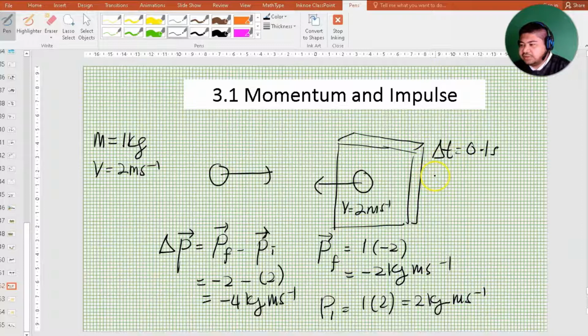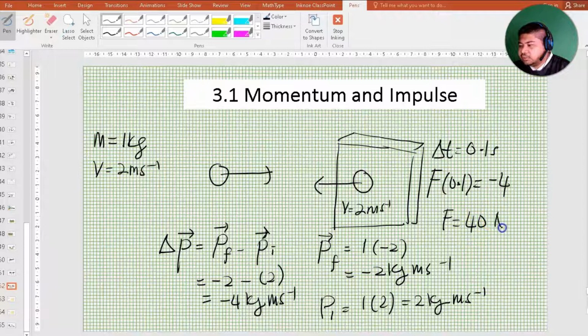So the force that is applied by the wall to the ball, we are using the momentum impulse theorem. Force of the wall on the ball times the impact time, 0.1, equals the change in the momentum, -4. So the force applied by the wall on the ball is -40 Newton.